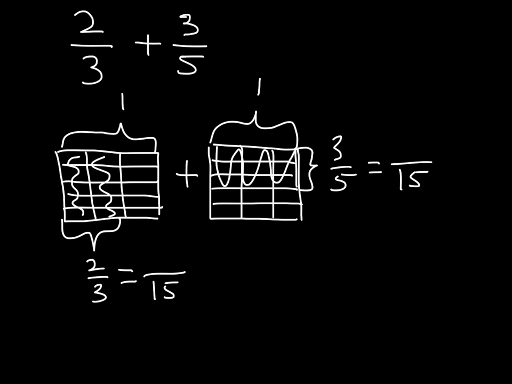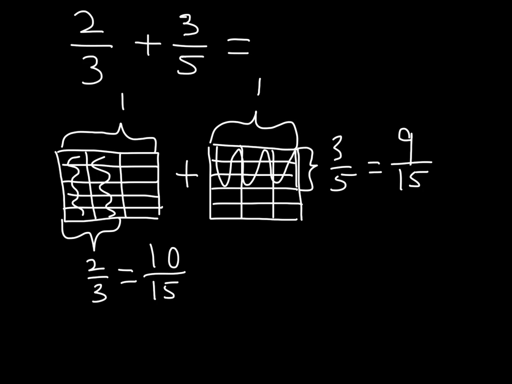And 2/3, when I change it to 15ths, I have 1, 2, 3, 4, 5, 6, 7, 8, 9, 10 15ths shaded. And when I look at 3/5, when I converted it to 15ths, I now have 1, 2, 3, 4, 5, 6, 7, 8, 9 15ths shaded.